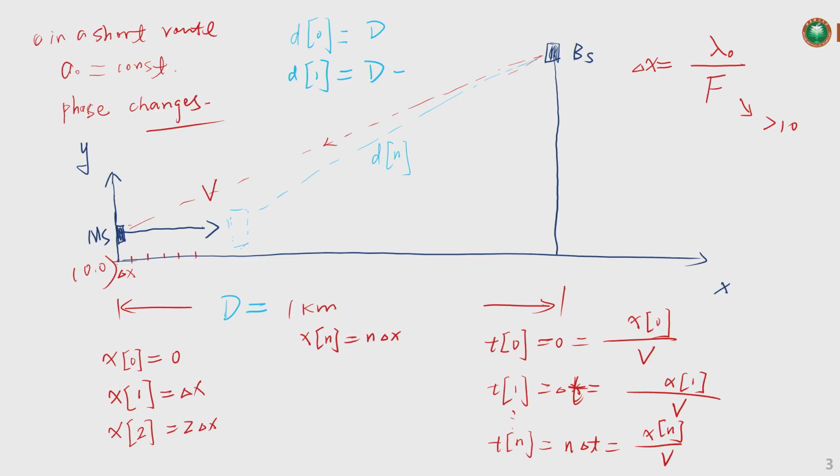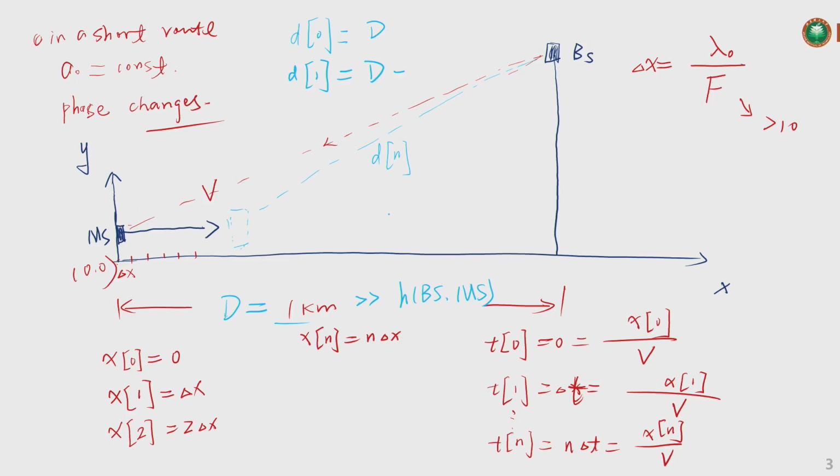So there's another assumption that we need to consider: here the distance of 1 kilometer is much larger than the height of the base station and the height of the mobile user. That means all these things can be in a straight line.